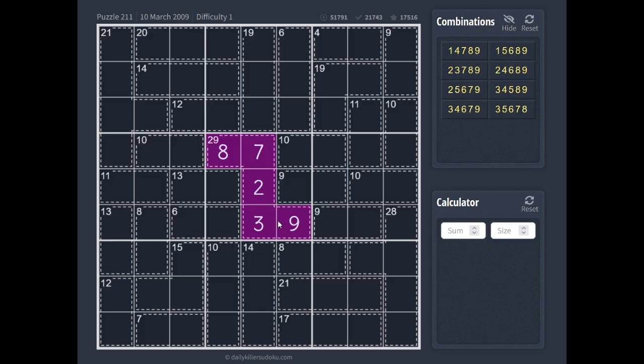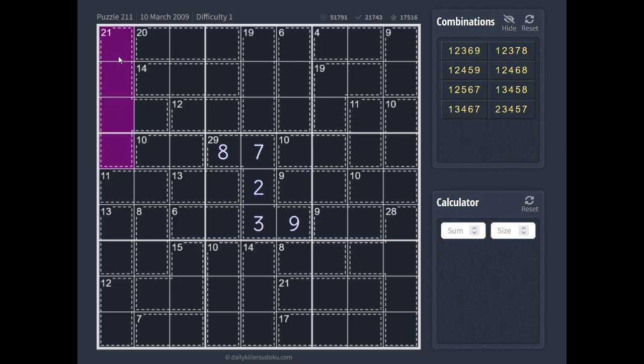So what else? Where else can we find interesting shapes that stick out of your typical row, column, and box? Now, this is interesting to me. This is sticking down, and this is a pretty long line here.